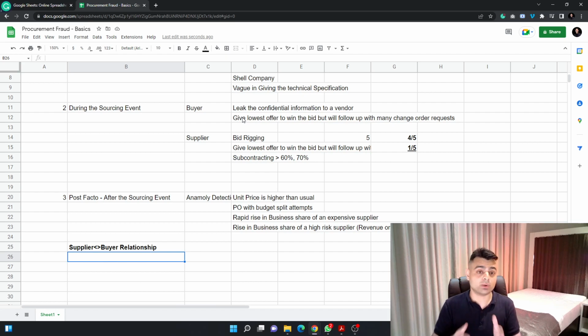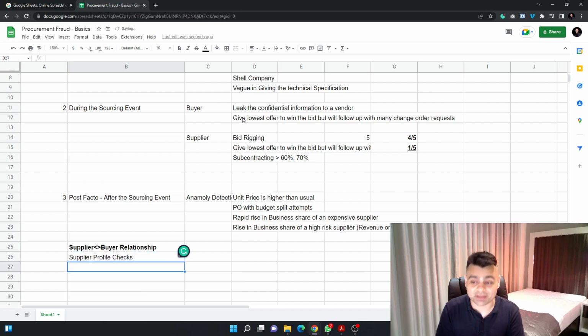So what do I look for? I look for supplier profile checks. What do I mean by profile checks? I'm looking for common addresses, suppliers with common addresses inside my database, common emails, common phone numbers, common bank addresses.